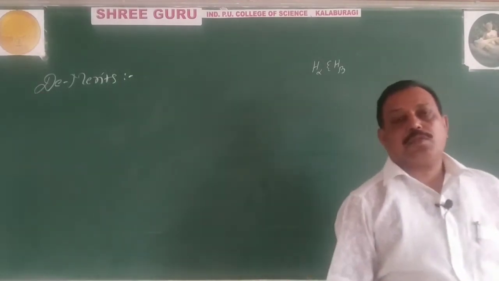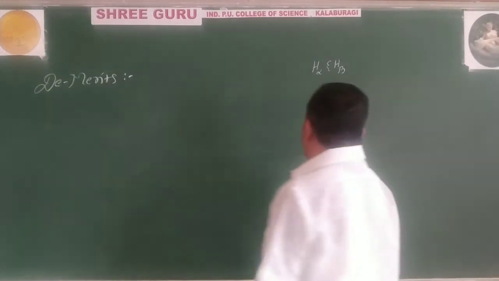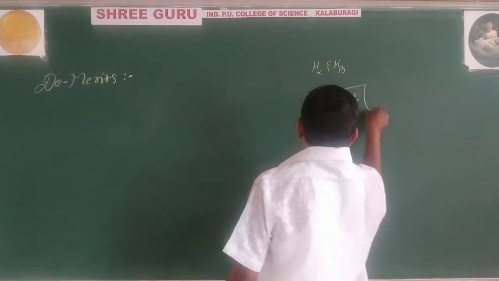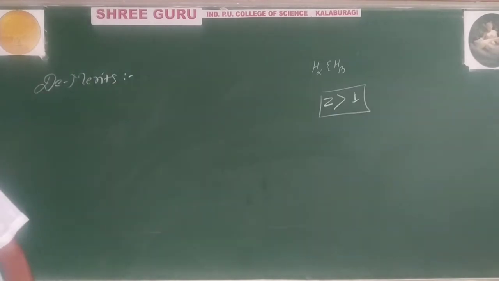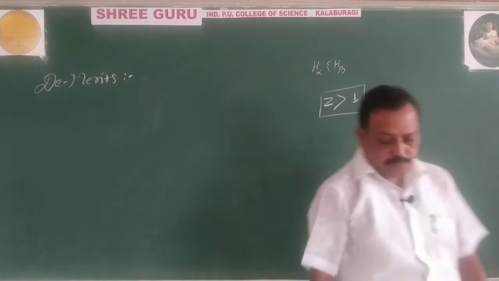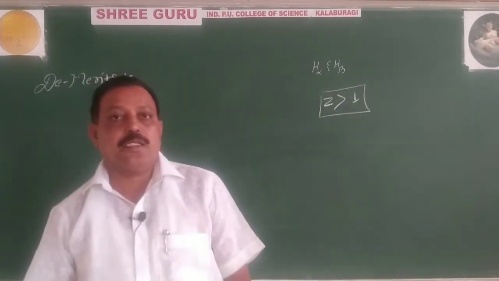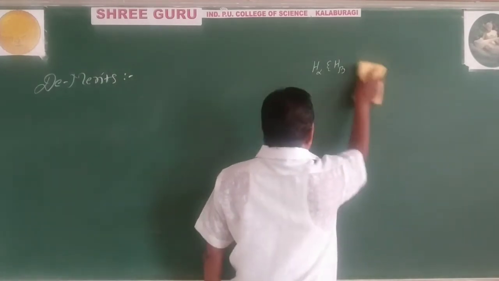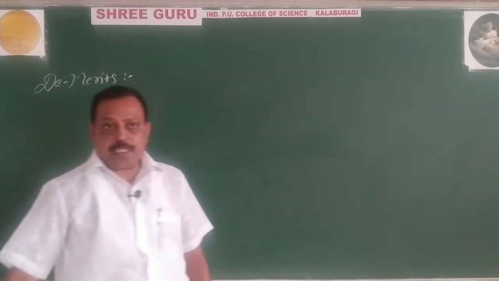Bohr's atomic model. Bohr's atomic model fails if the atomic number increases, Z greater than 1. Next, Bohr's atom model explains the spectral line series.